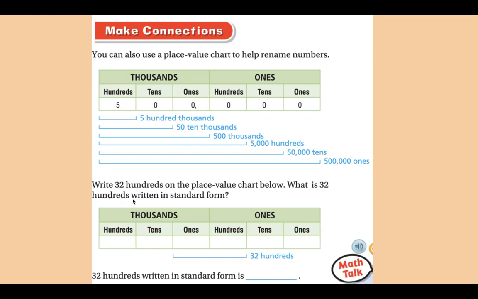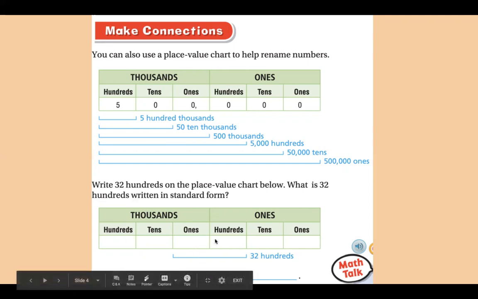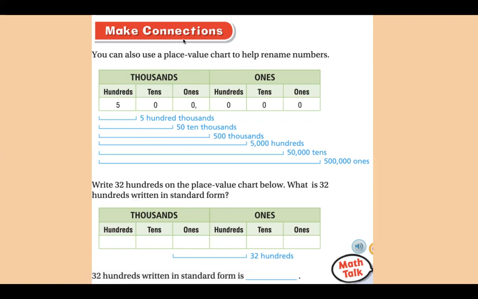What is 32 hundreds written in standard form? So here they want us to write 32. So let me get my pen again. So we're going to write 32 hundreds in this place value chart. So if it's hundreds, that means that last digit, 2, needs to land in the hundreds place.